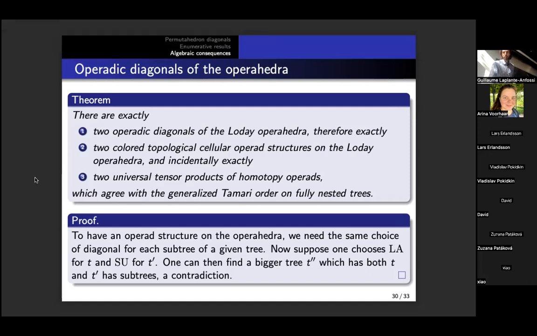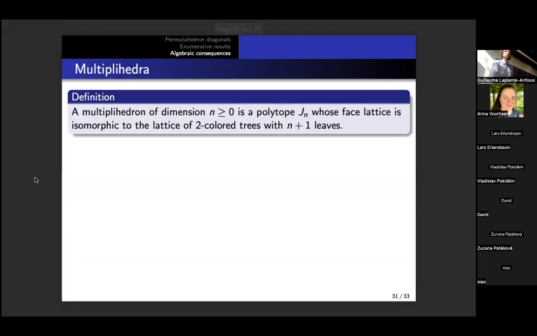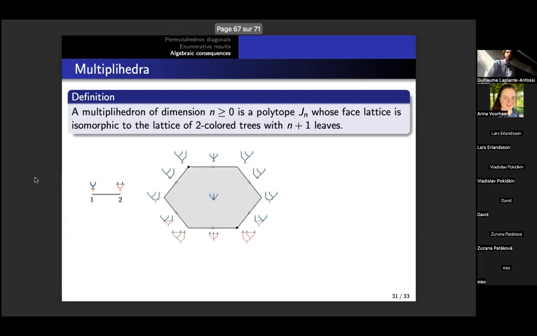And there's an analogous result for another family of polytopes, which are important in homotopy theory, called the multiplihedra. And this is exactly what we were talking about earlier. So the multiplihedron is a polytope encoding morphisms between A-infinity algebras.